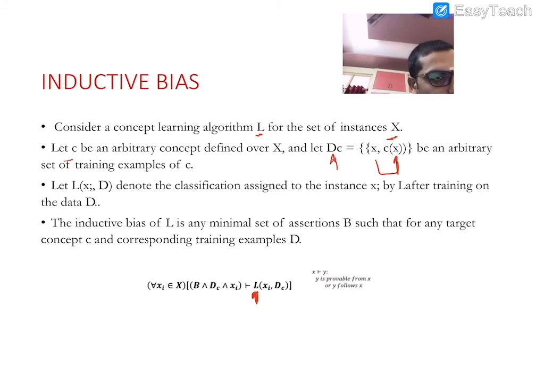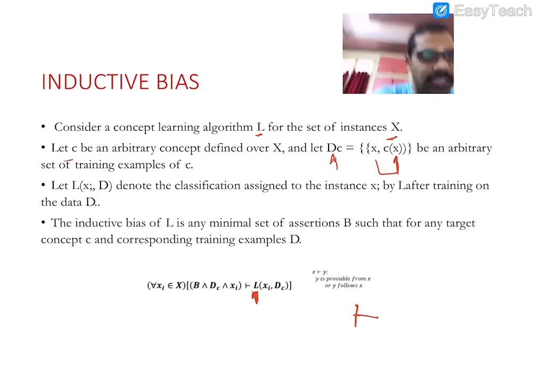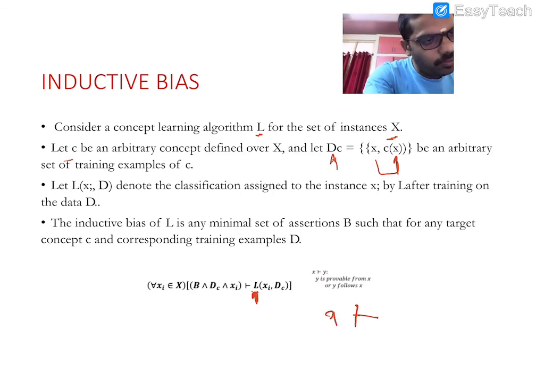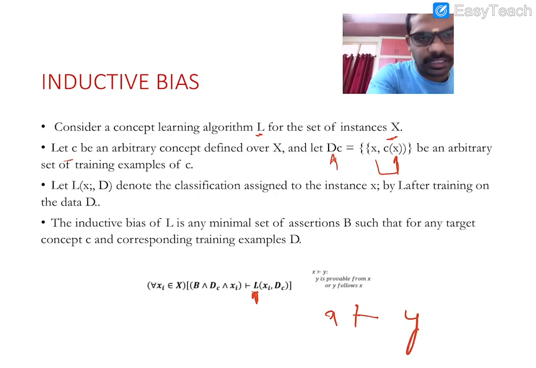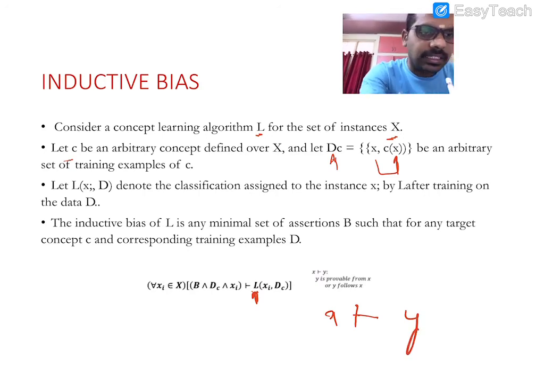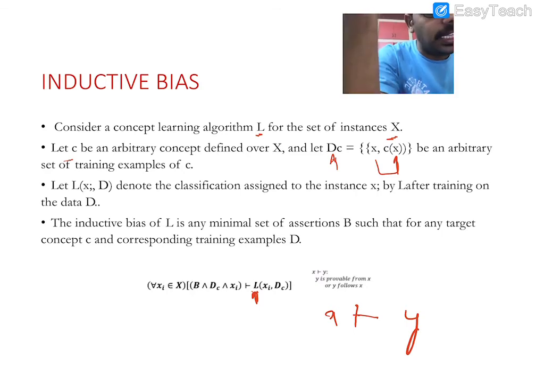So here, Y is provable from X, or Y follows X. What is this symbol? Y is provable from X, or Y follows X. So for all x_i belonging to X, B, D_c, x_i: we consider the training data, the instances, and B. What is B?